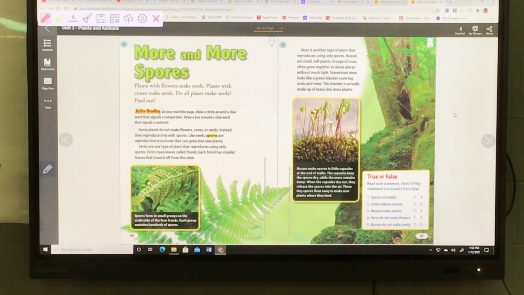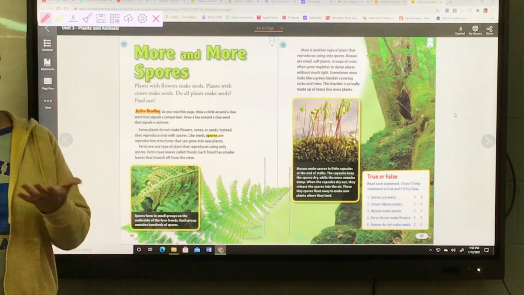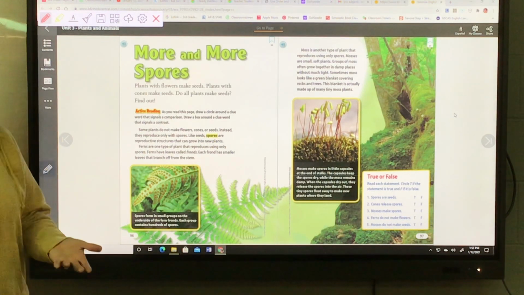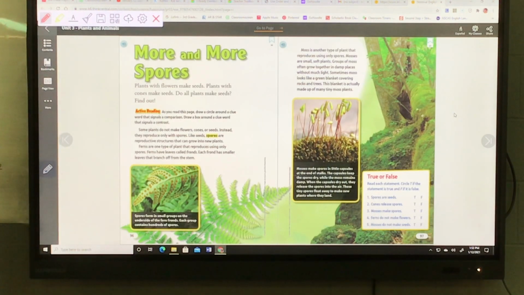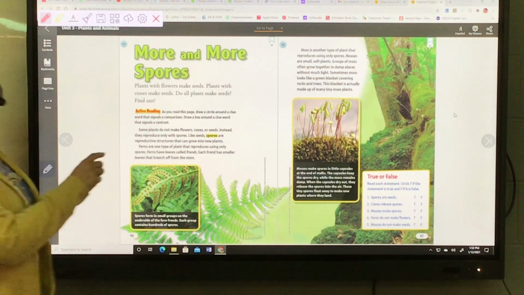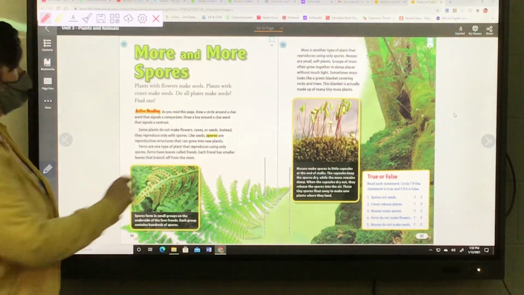Natalia? Like. Says, like seeds, spores are reproductive structures that can grow into new plants. Is that comparing, how they're kind of similar? Or is that contrasting, how they're completely different? Similar. So we're going to circle, what word did Natalia say? Like.